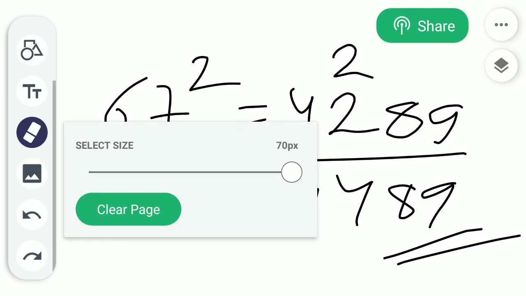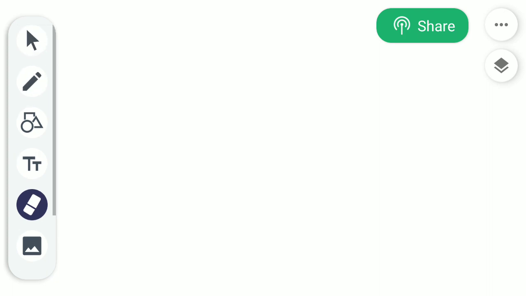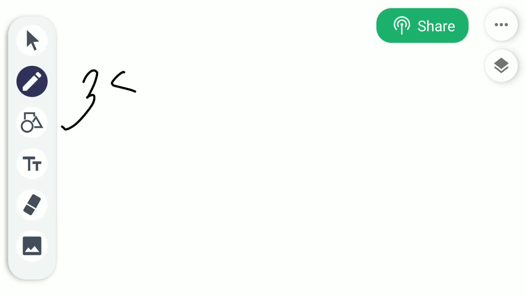Let's find the square of 38. This is 12 less than 50, so we have to subtract 12 from 25. If we subtract 12 from 25, we get 13.